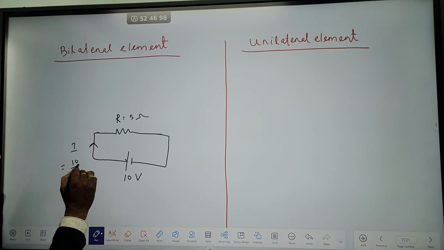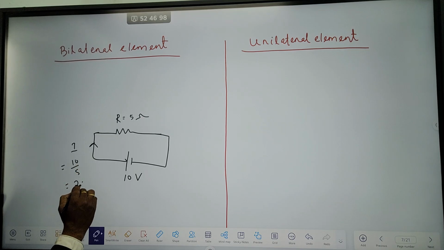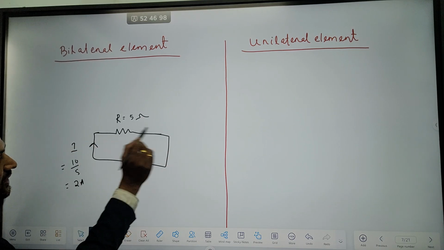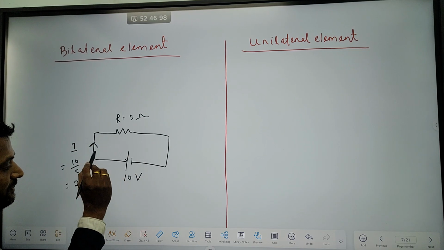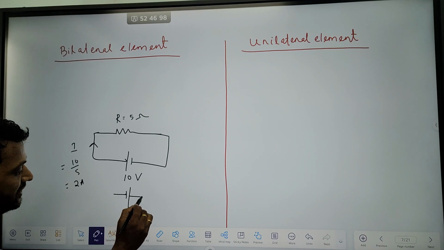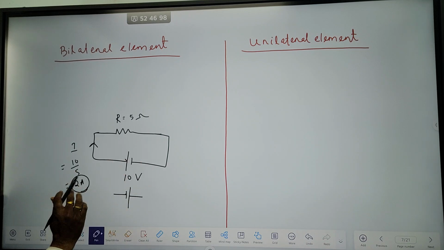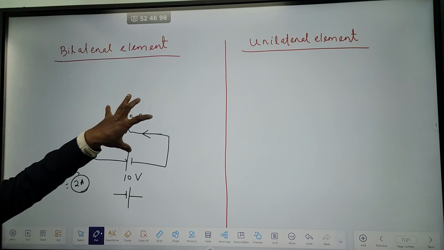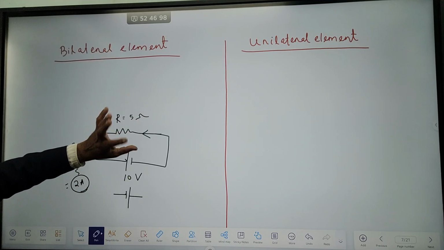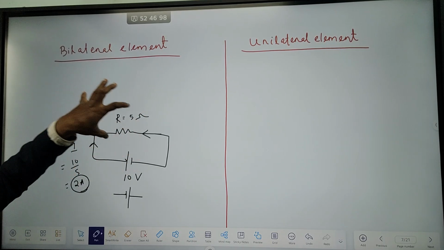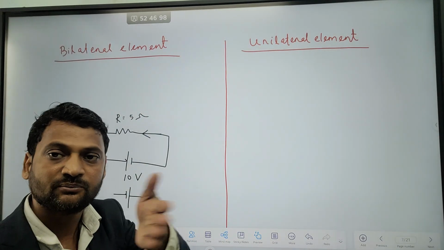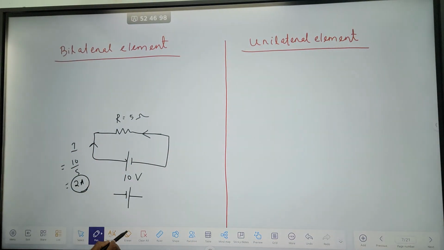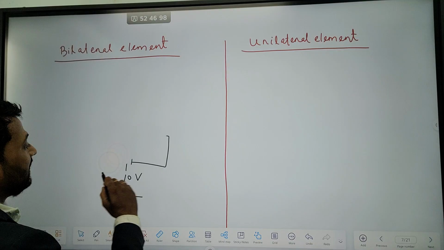The current will be 10 upon 5 according to Ohm's law, that is 2 ampere. The direction of current is from left to right. Now if I change the polarity of the power supply, the magnitude will not change, the magnitude will be fixed, the direction will change. Meaning current through that element can flow in both directions, that element allows current in both directions. So a resistor is an example of a bilateral element.